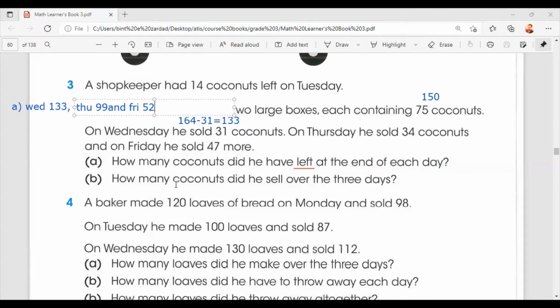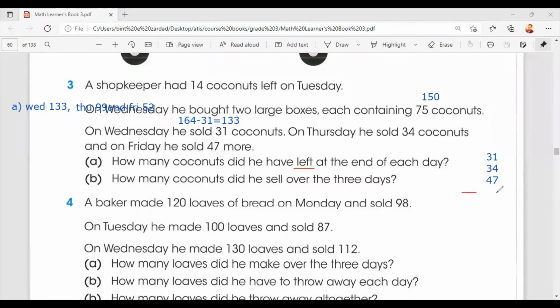The second part: how many coconuts did he sell over the 3 days? We add all the numbers sold. On Friday he sold 47, on Thursday he sold 34, and on Wednesday he sold 31.